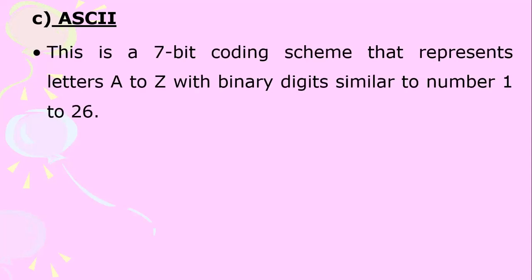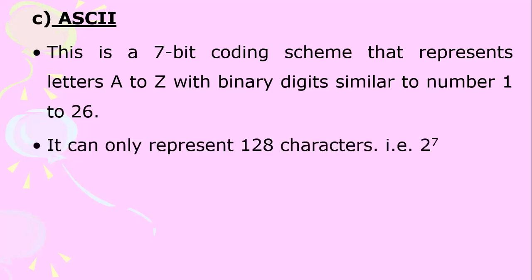Let's now look at ASCII. This is a 7-bit coding scheme that represents letters A to Z with binary digits similar to number 1 to 26. It can only represent 128 characters, that is 2 raised to power 7.